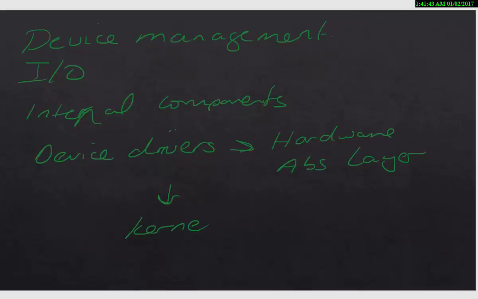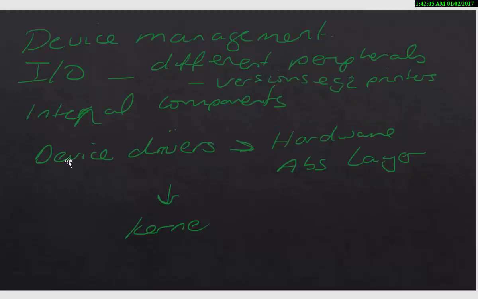So just discuss the issues of working with different types of I/O, so different peripherals. You might have, say, or even different versions as well, e.g. 2 printers. Okay, so hopefully that helps you with what to write for your operating systems.